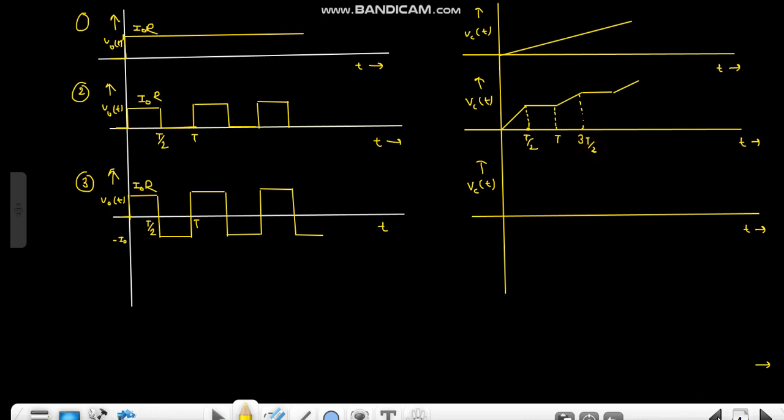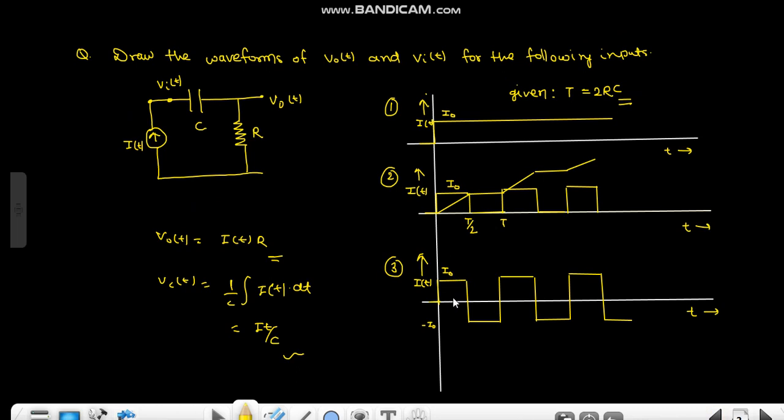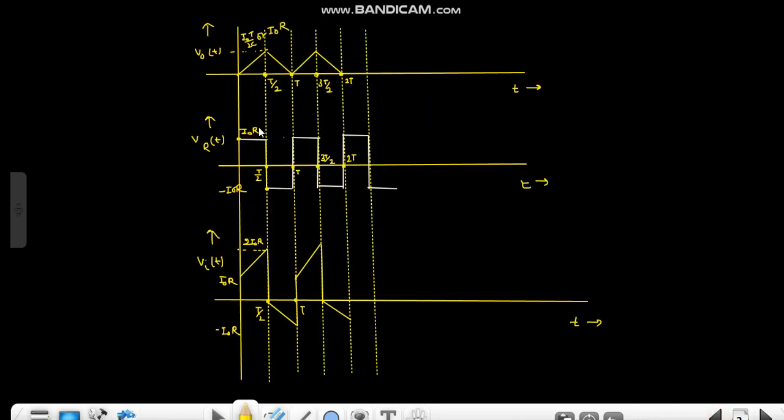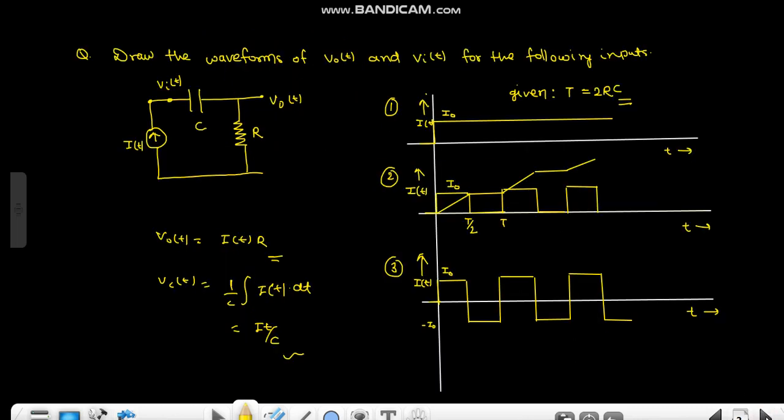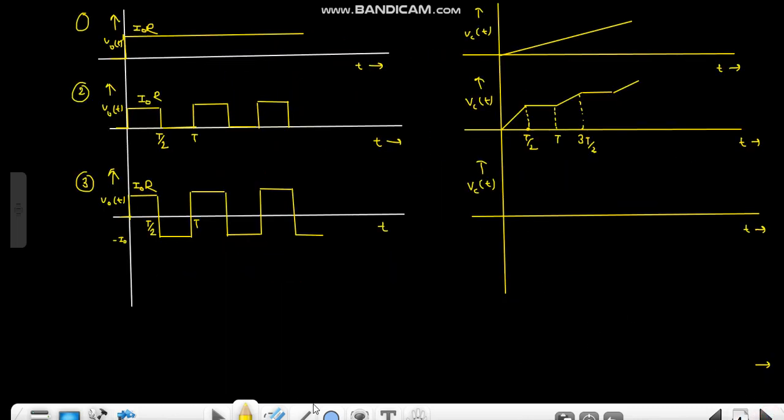Okay. And now for this input, I don't need to explain because I have explained it here only. This waveform, so it is the same, nothing else. So now we simply need to integrate it, so it would look like this.